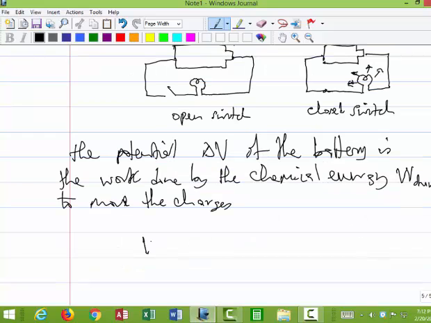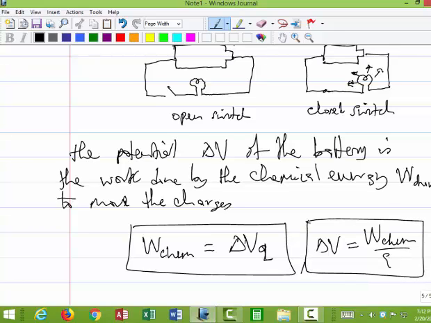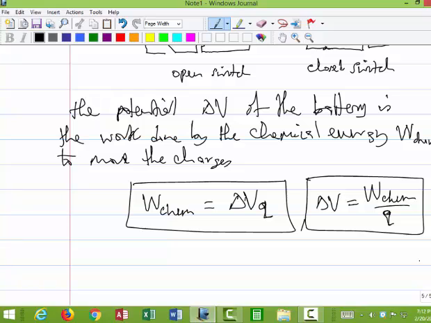So we can say that W chemical is equal to potential difference times Q. So the potential delta V is equal to W chemical divided by Q. Okay, so that is the work done by chemical energy to move charges Q.